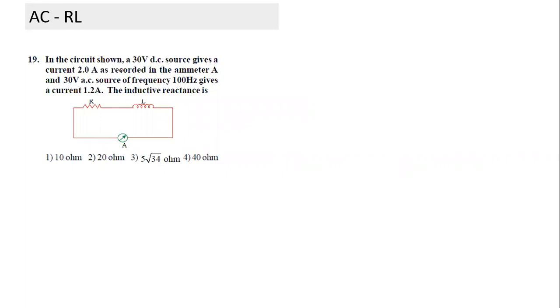Next one. This also is a simple question. This is also an RL circuit, with a 30 volt DC source. I will discuss this question in the next session. Suppose in an RL circuit I connect a DC source. What is the current in the steady state when the DC source is connected?